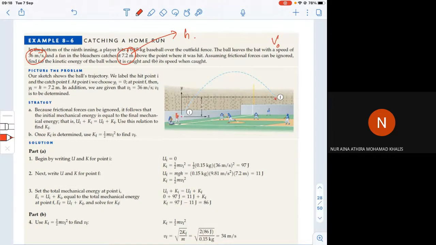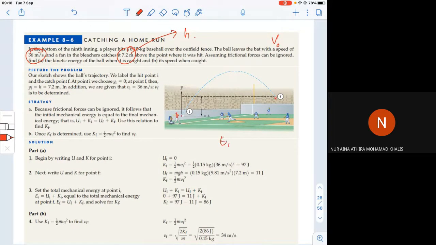Alright, so we need to do some energy initial. Always start with this equation: energy initial equals E final. So half m v initial squared plus m g h initial equals half m v final squared plus m g h final. Final and initial.